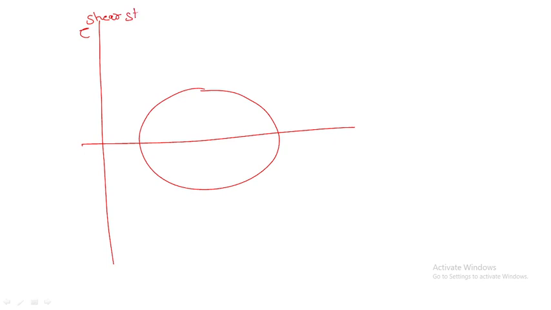I will tell you one more time, this is shear stress. This is the Mohr circle, and at this point this is tau minimum comma 0. Here at this point we have tau max, shear stress is max, and tau average.